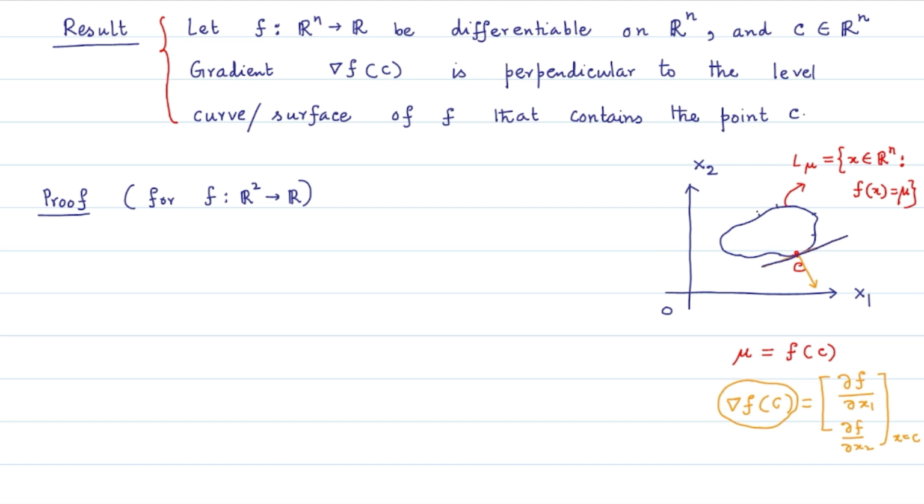Note that any curve in the R2 plane or any curve in the Rn space can be parametrically written with the help of just one single parameter, that is, this L mu can be presented by the collection of position vectors R of t given by x1 of t i plus x2 of t j, where i hat and j hat are unit vectors along the directions of the x1 axis and x2 axis respectively.